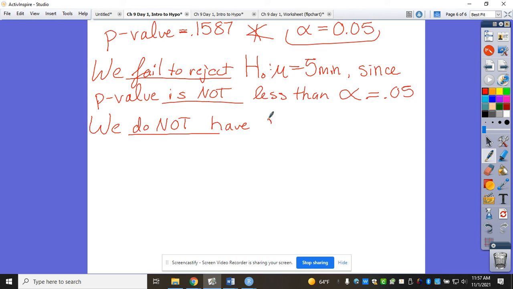Which way did I write it? Convincing evidence. Sometimes people say convincing, some people say significant. And then I could write mu greater than 5, but what is that in context?